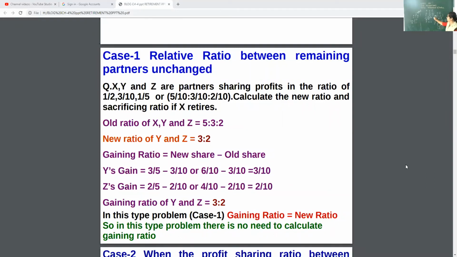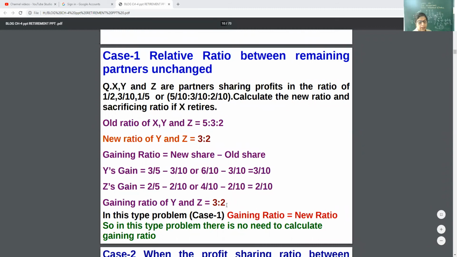So it is proved that in case of the first method, when the old ratio is given and one partner is outgoing, the new ratio and gaining ratio will be the same. You can see on the slide that the gaining ratio will be equal to the new ratio, and in this type there is no need to calculate the gaining ratio.